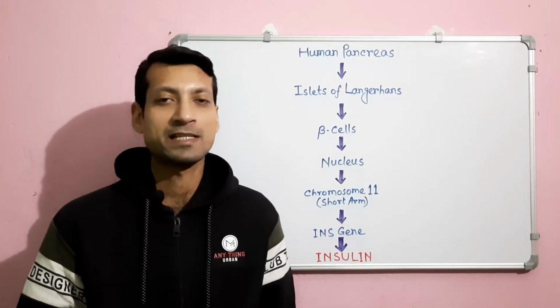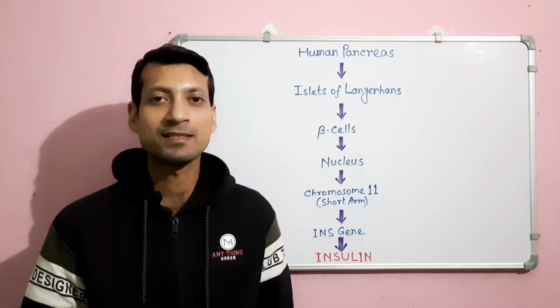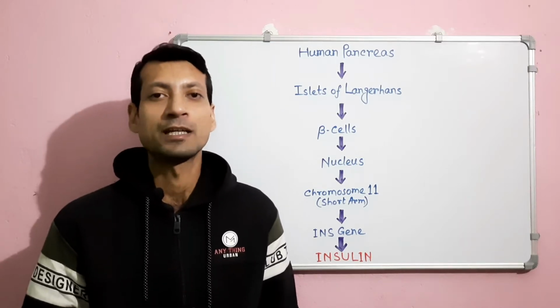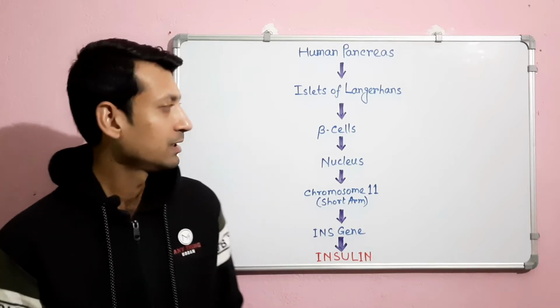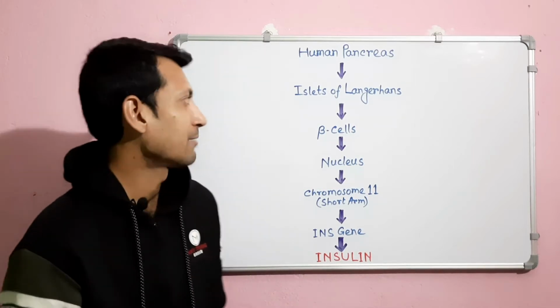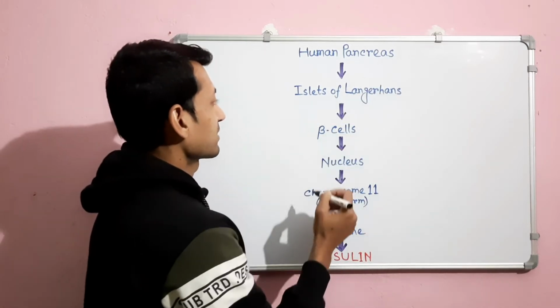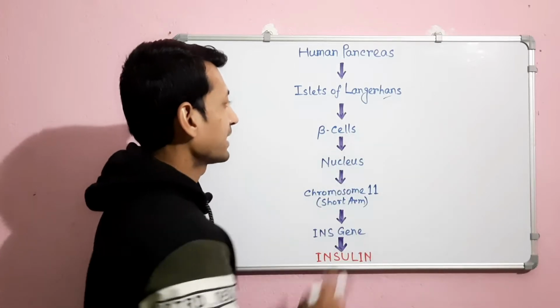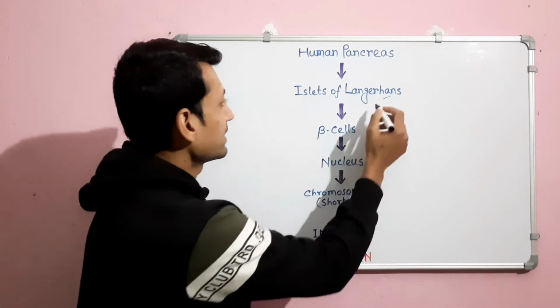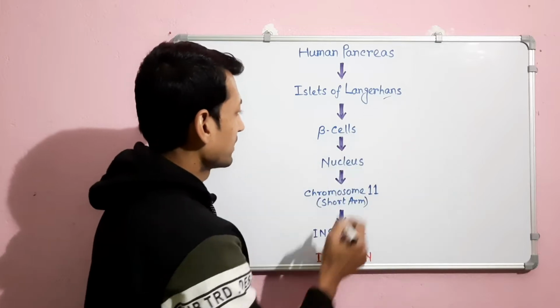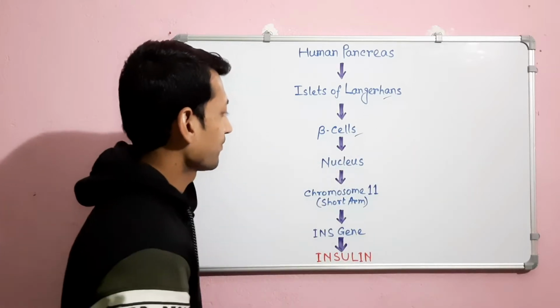Today I will discuss the biosynthesis, release and chemistry of human insulin hormone. I have already discussed the endocrine pancreas, that is, the islets of Langerhans, and these islets of Langerhans contain beta cells.